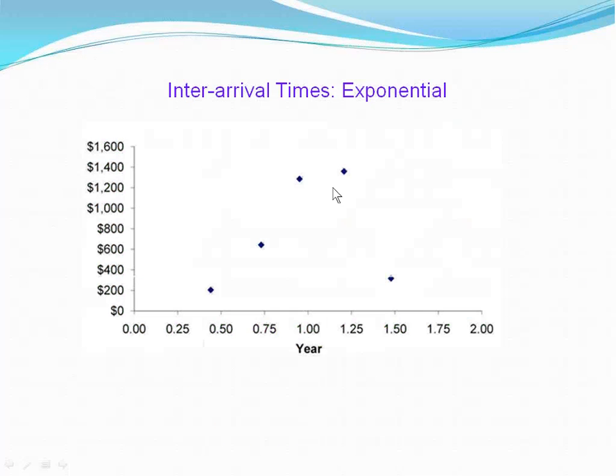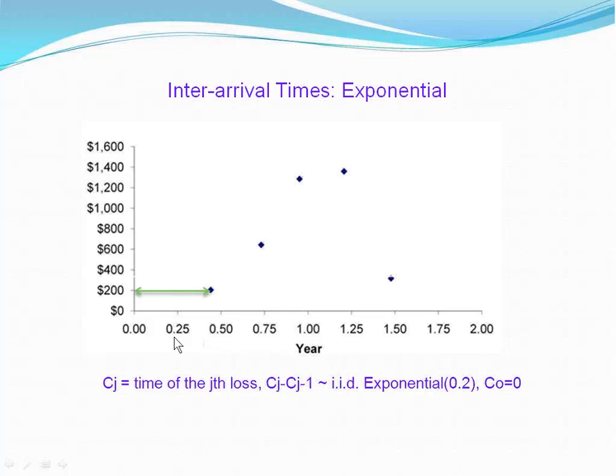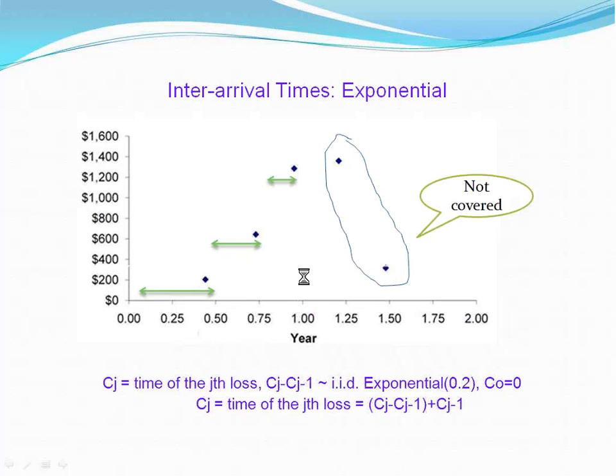Now, inter-arrival times are assumed to follow the exponential distribution. So we will be simulating these inter-arrival times, and what we have is a one-year policy, so when the time of an event exceeds 1 year, those events are not covered by the policy.